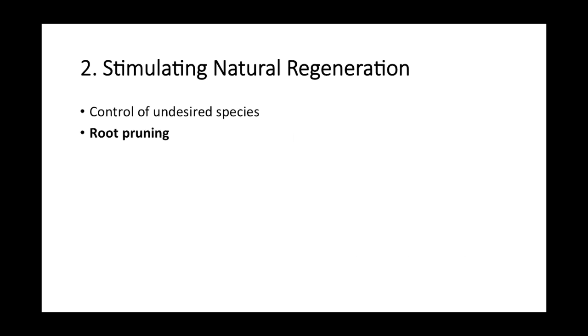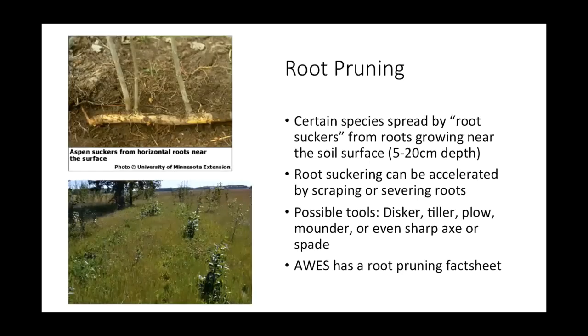Second strategy is interesting and something we've been experimenting with a bit in the last few years here, called root pruning. A lot of tree and shrub species that are native to Alberta, actually throughout Canada, so BC as well, spread by suckers from the roots.